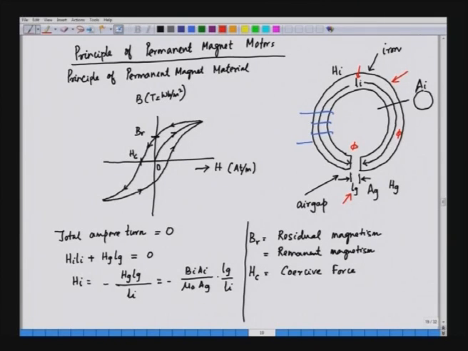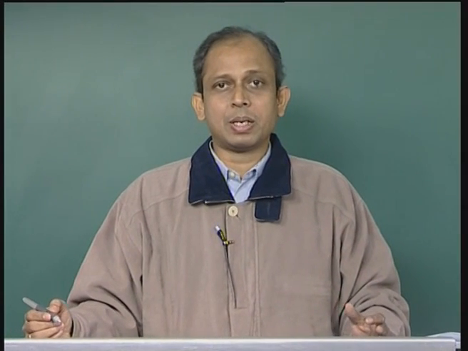Now, since we do not have an external current, although we have a coil here, in this case I is equal to 0. So, there is no external current, and therefore there is no external MMF. So, we can say that the MMF dropped in the magnetic material is equal to 0. What is MMF?